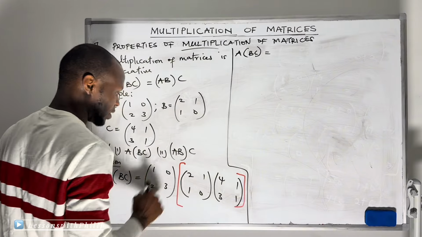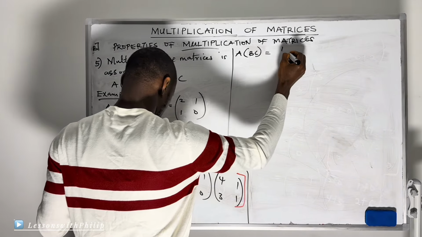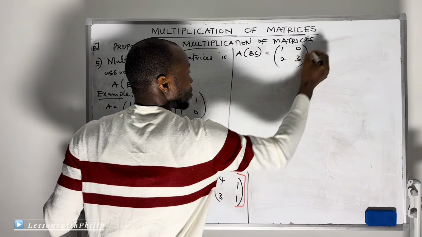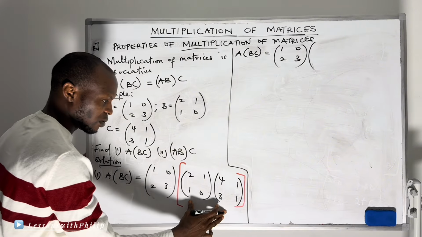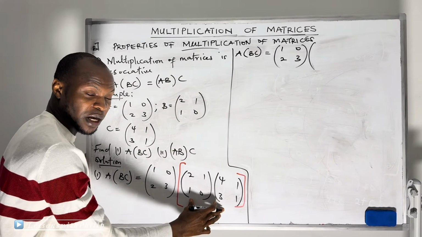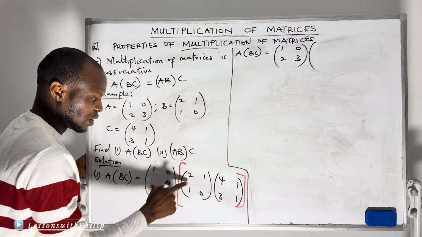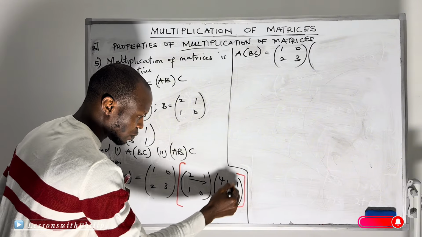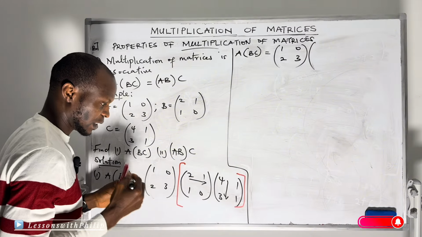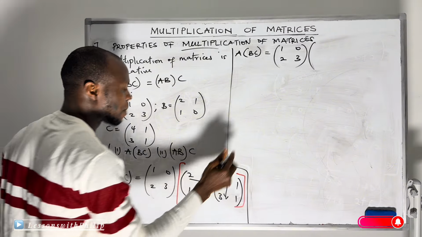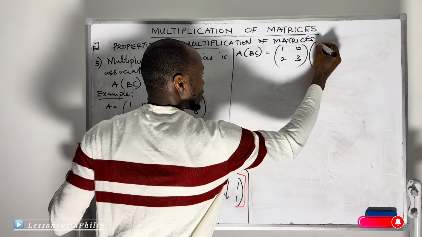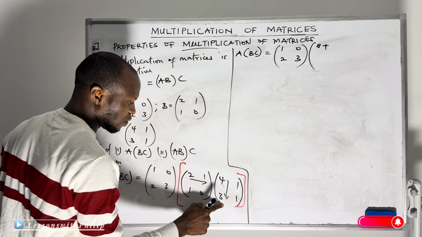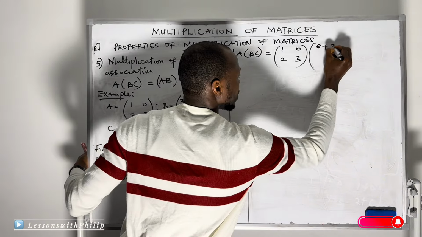So we have my matrix A, 1, 0, 2, 3, multiplied by what this bracket will be. So I need to open this bracket. Don't forget, the rows will multiply the columns. So we have 2 times 4, that is 8, plus 1 times 3, that is 3.